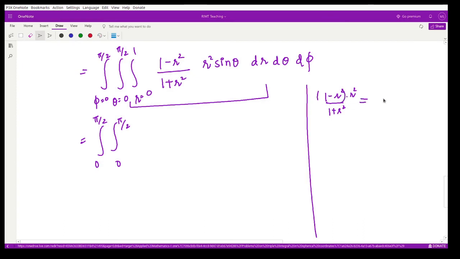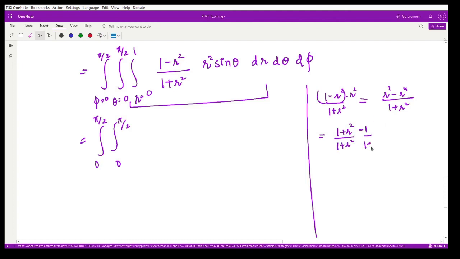So what would be this? So we have r square minus r to the power 4 by 1 plus r square. Because we wanted to make it into a term whose integration we can find very easily. So if I add 1 here, so I will have 1 plus r square, and minus 1 here, so I will have 1 plus r square, right?